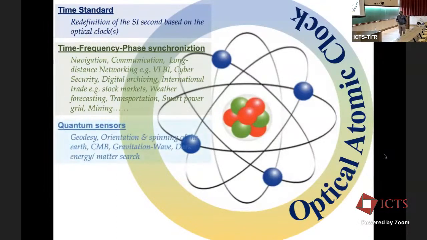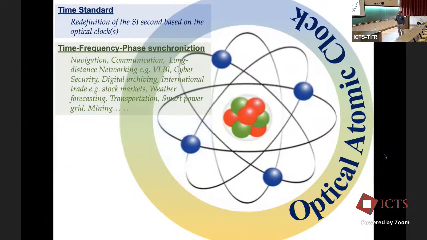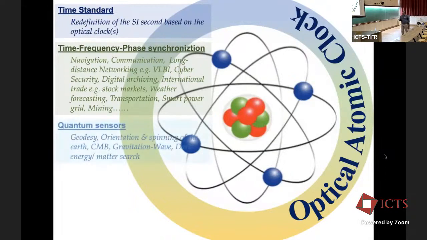Then, these things I already told you: with the advancement of technologies like communication or navigation, and going to more quantum-enhanced technologies, the requirement of the accuracy of the clocks is becoming more and more stringent. So we have to have better clocks.